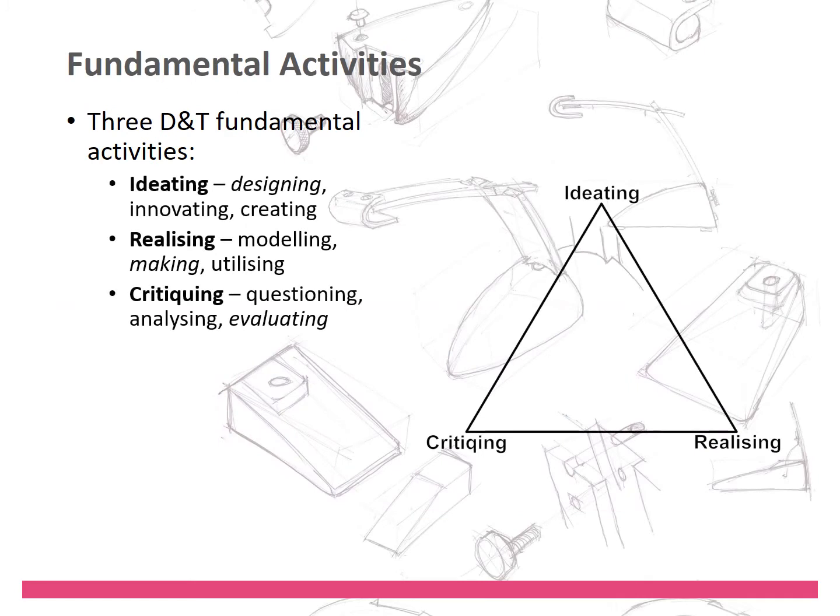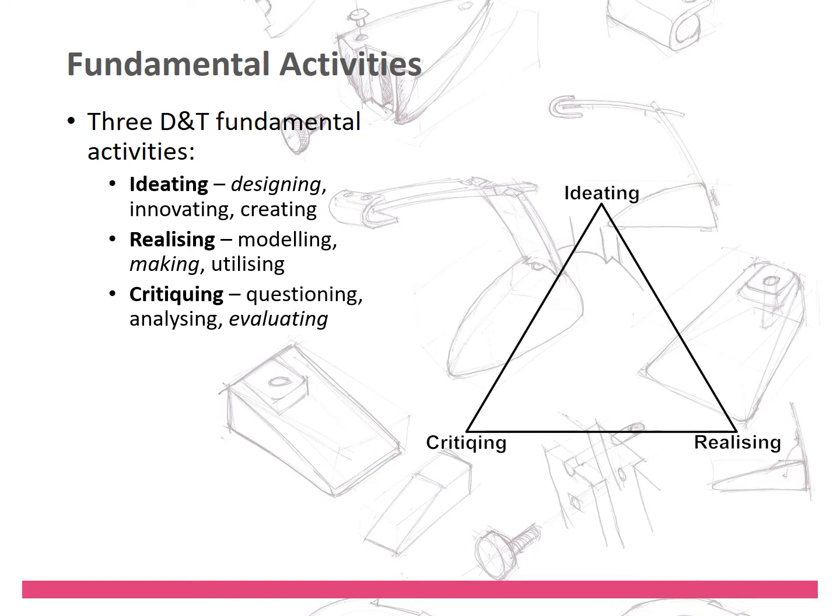At the beginning of my chapter, I introduce 3 fundamental activities in D&T: ideating, realising and critiquing. And you might be asking, well, why am I not using designing, making and evaluating, which are more commonly used within the subject?